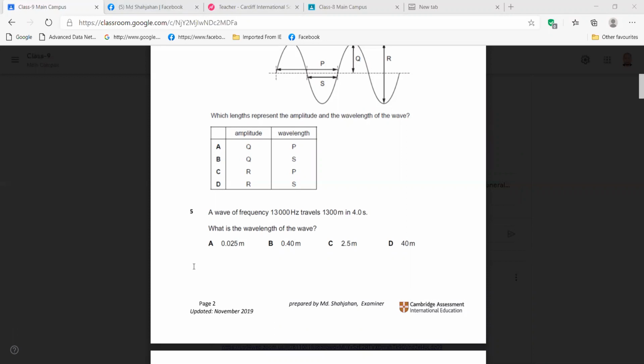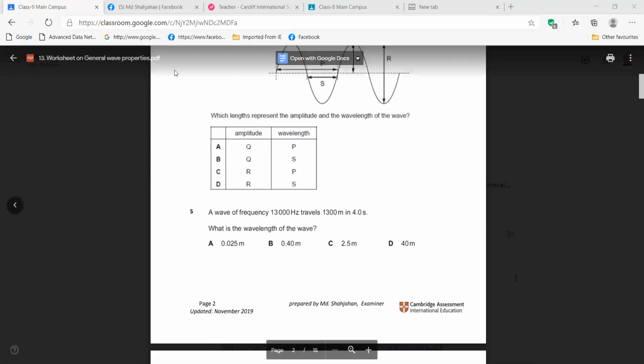Okay, very good. To find the wavelength, we should know the formula of speed, frequency, and wavelength, right? Do you know the formula? If you don't, now you write: speed equals frequency into wavelength.